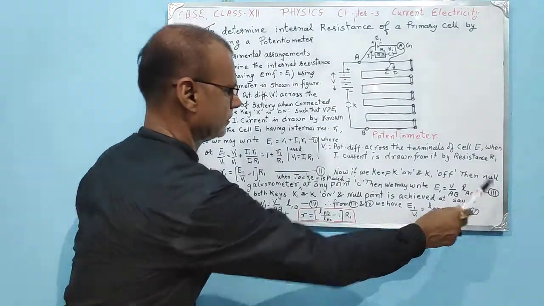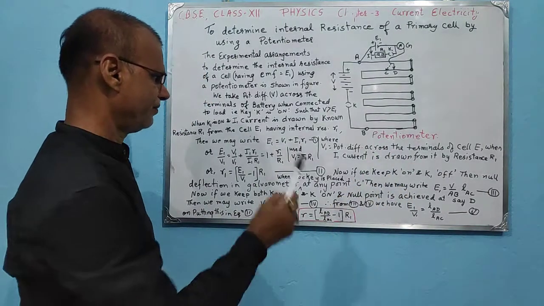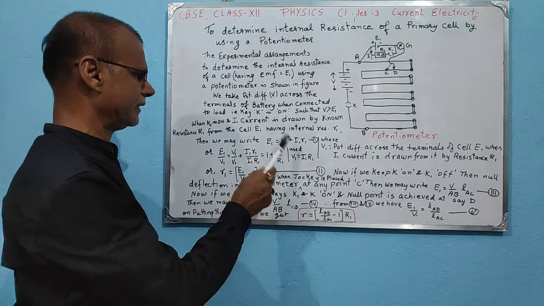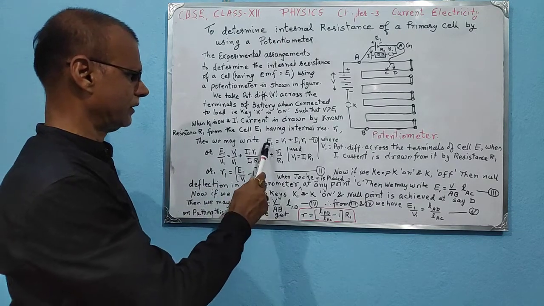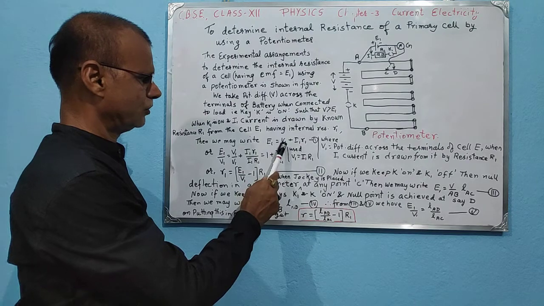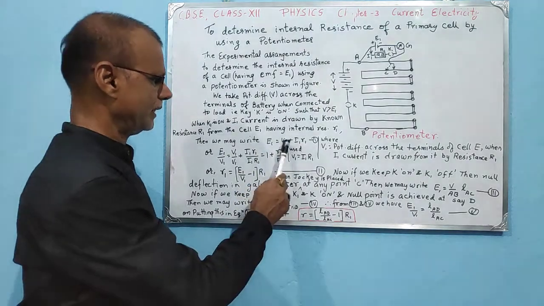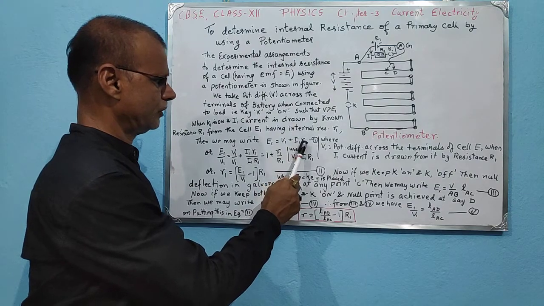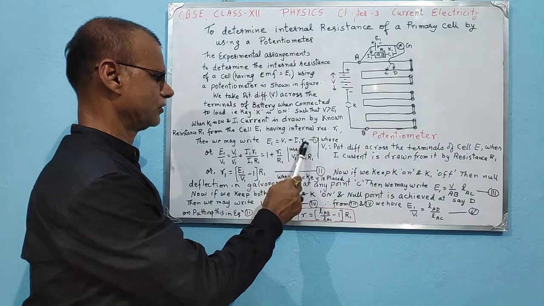So this is our equation 3, but before we apply it, we need to find the internal resistance of the cell. What is internal resistance? Total EMF is always equal to the potential difference across the plates of the cell plus current into internal resistance, that is, current drawn from the cell into the internal resistance of the cell.